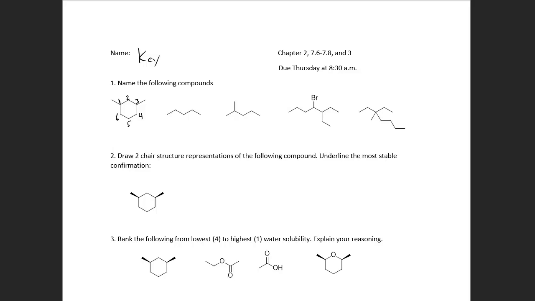And it looks like we have a methyl group at carbon number 1 and at carbon number 3. So definitely this was a good place to start. So when we're naming them, we've got 2 methyl groups. So this is 1,3-dimethylcyclohexane.